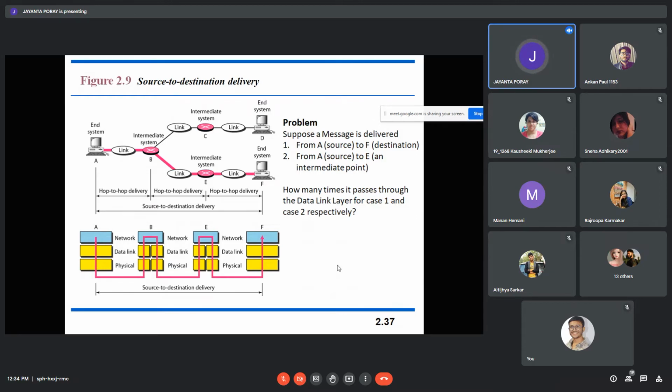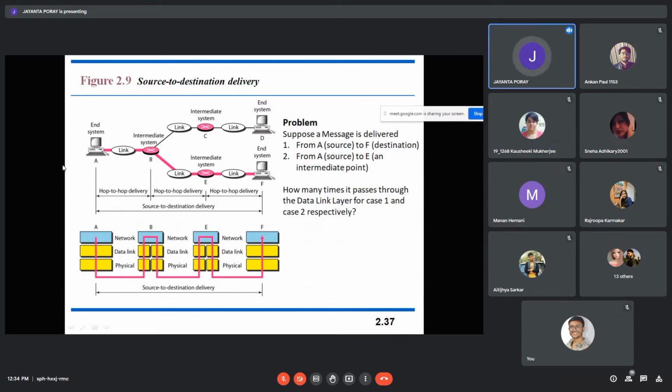Suppose firstly I want to transfer it from A to F. Please just look at this carefully. I have the end station, then I have intermediate systems or routing points or routers. From there I am delivering this. By the way, the data link layer facilitates hop to hop delivery, and the network layer facilitates source to destination delivery, that is, the delivery from the source to the destination.